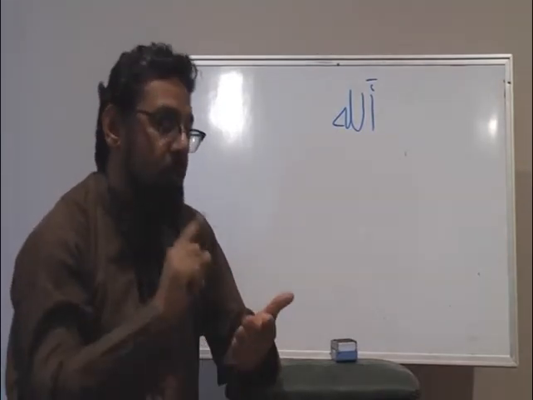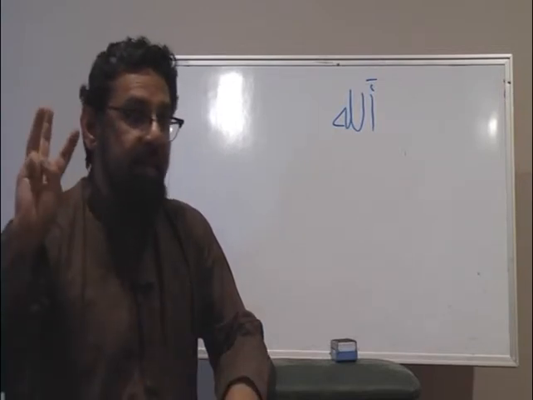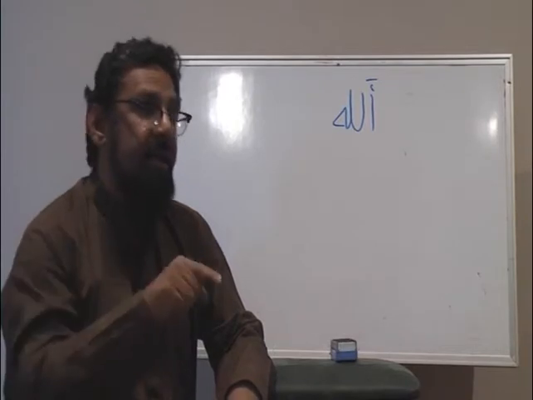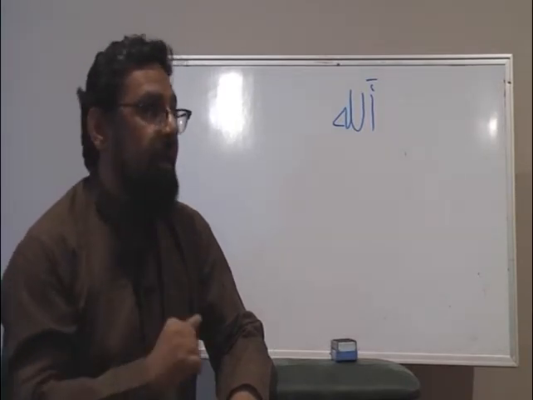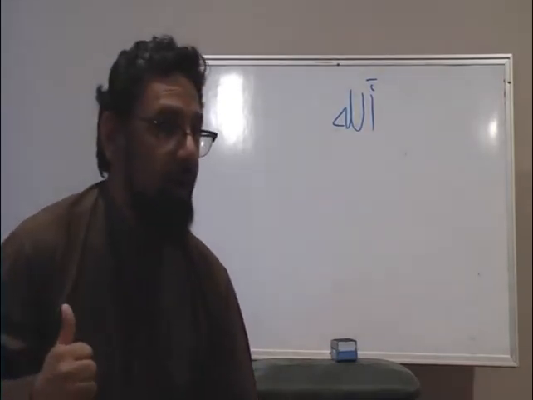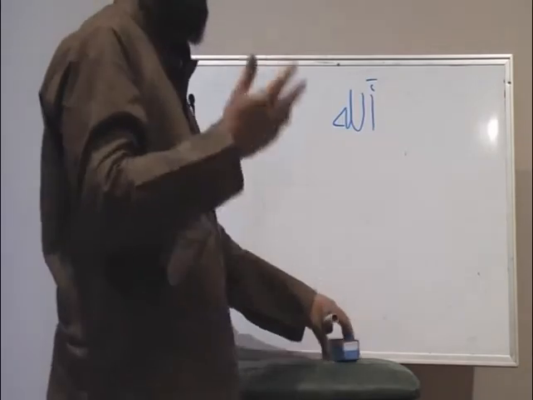Okay, so you know that the fi'ls are divided into three: the past, present, future, and the command. So past is madi. I'm going to say these things because I want us to get used to the terminology, at least in just our speaking. You don't necessarily need to know them in terms of writing.